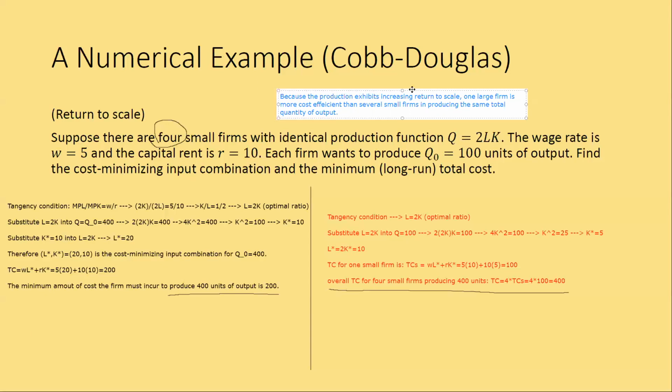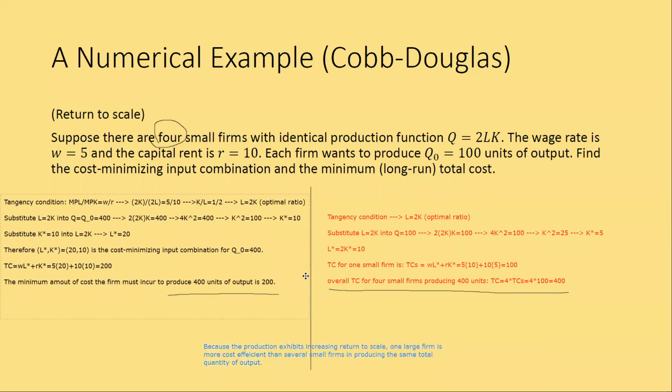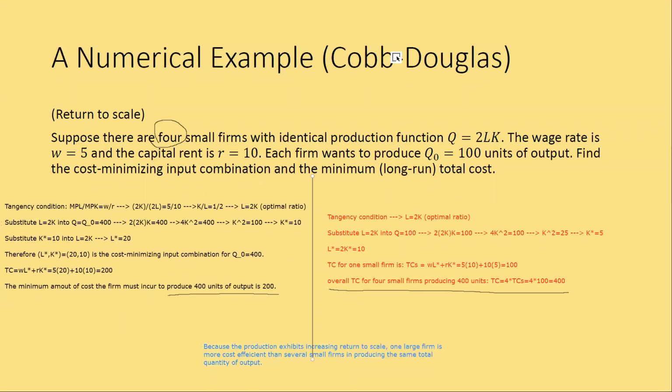So I hope this example can give you a feeling for what I said previously in the last lecture, that the return to scale is going to matter for which one is more cost efficient, if it is one single large firm or if it is several small firms.